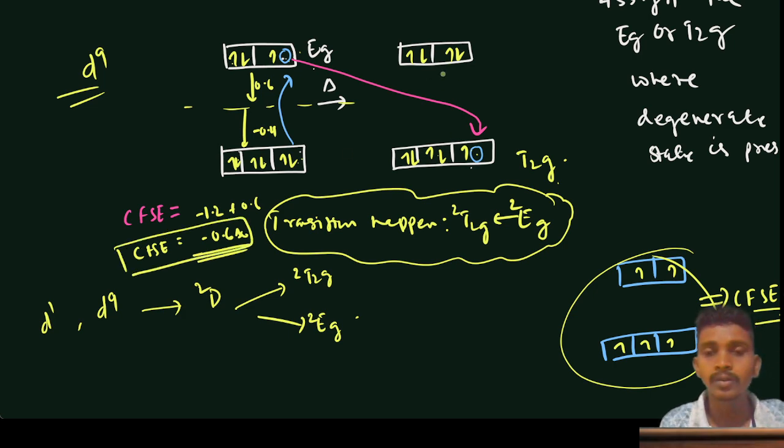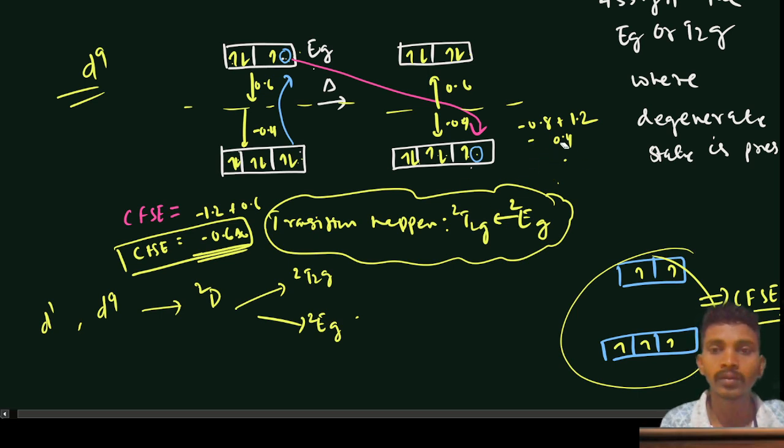Similarly here, first I will cancel with each other. If this term, then CFSE is 0. After that, what remains? This is 1, 2. So this is minus 0.4 and this is 0.6. So this will be 1, 2, so that will be minus 0.8, and here 2 is there, so that is 1.2. So that will be 0.4. So for this T2G value, we know how to calculate the CFSE value.